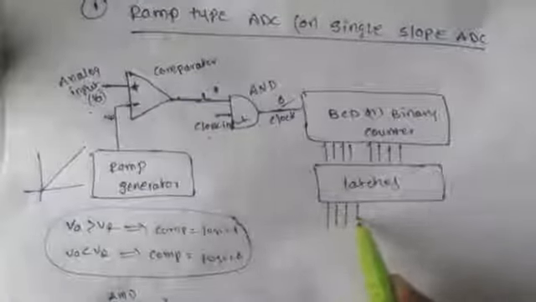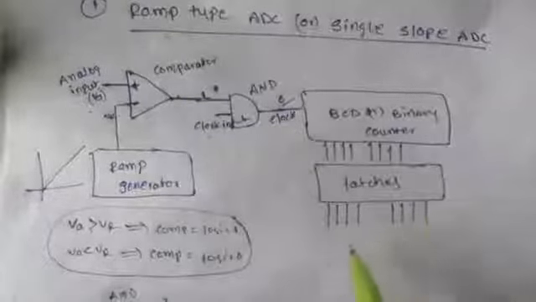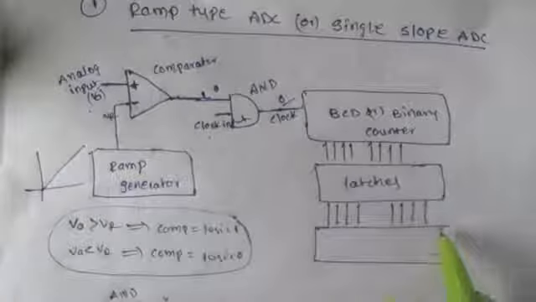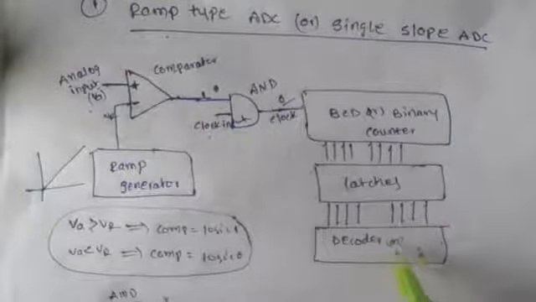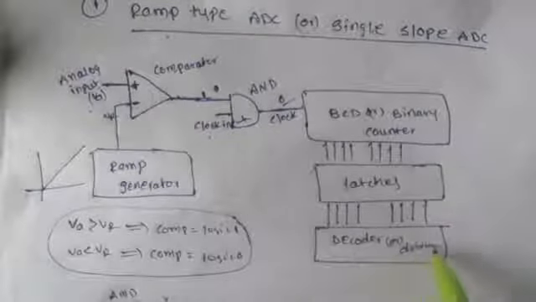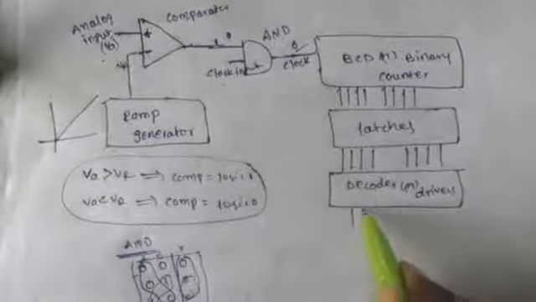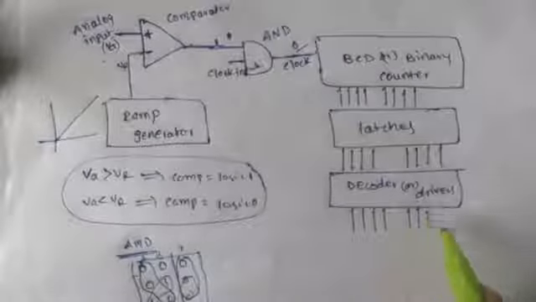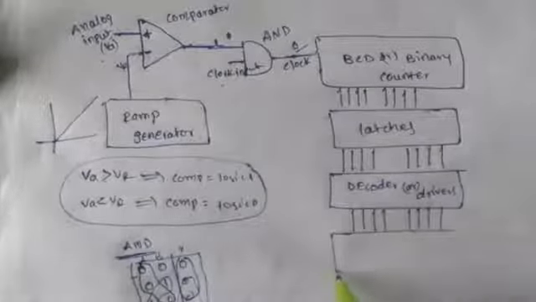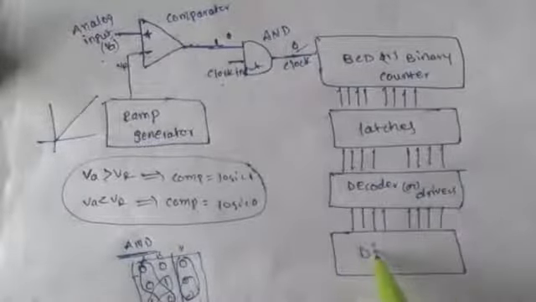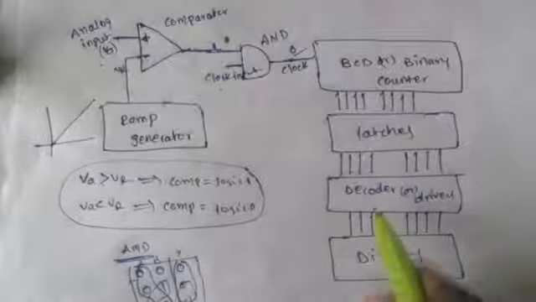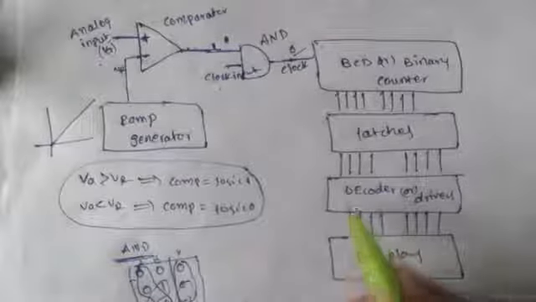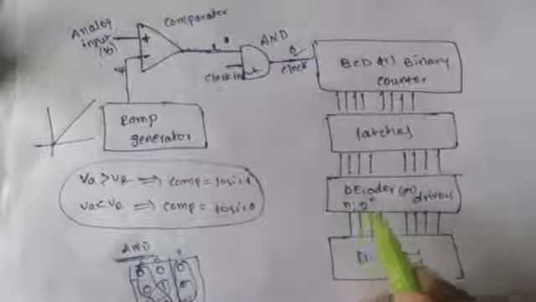After that, using decoders and driver circuit, we connect to the display unit. Why do we use a decoder here? A decoder converts n inputs to 2 power n outputs.